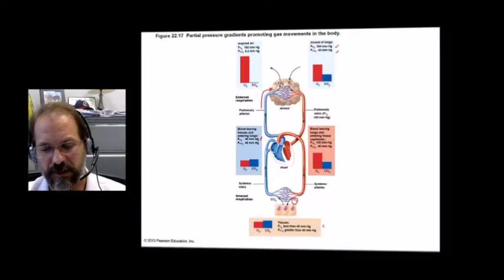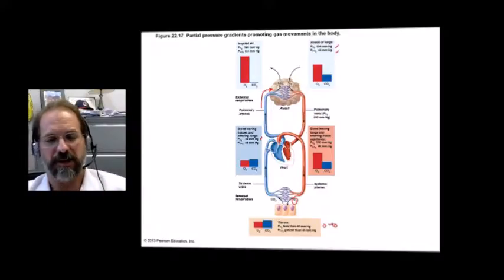That number could be anywhere from 0 to 40. By the time we collect all of the blood in the systemic circulation back to the heart and then send it off to the lungs, on average we wind up having a PO2 of about 40.